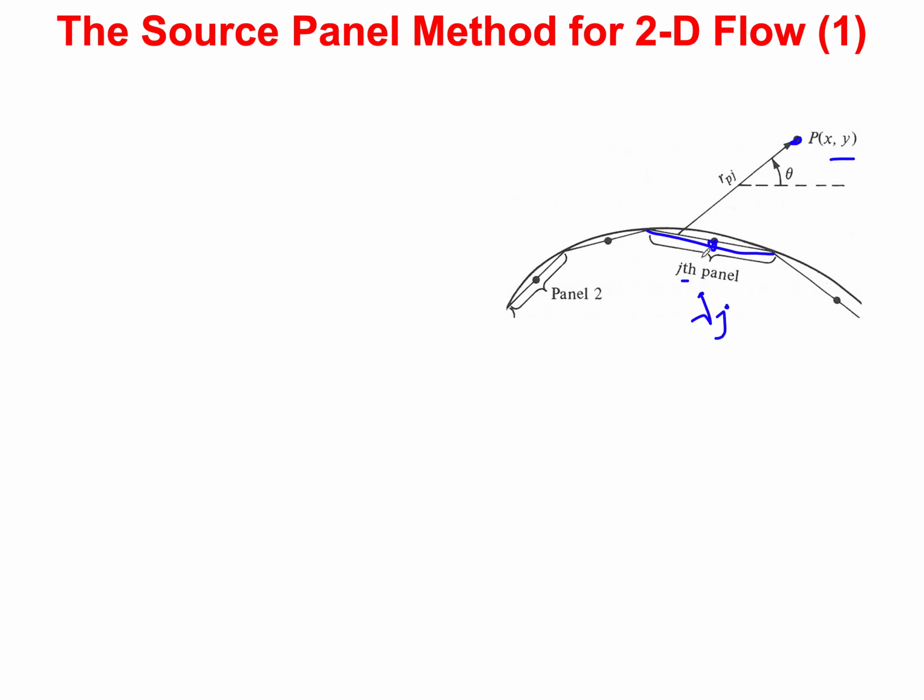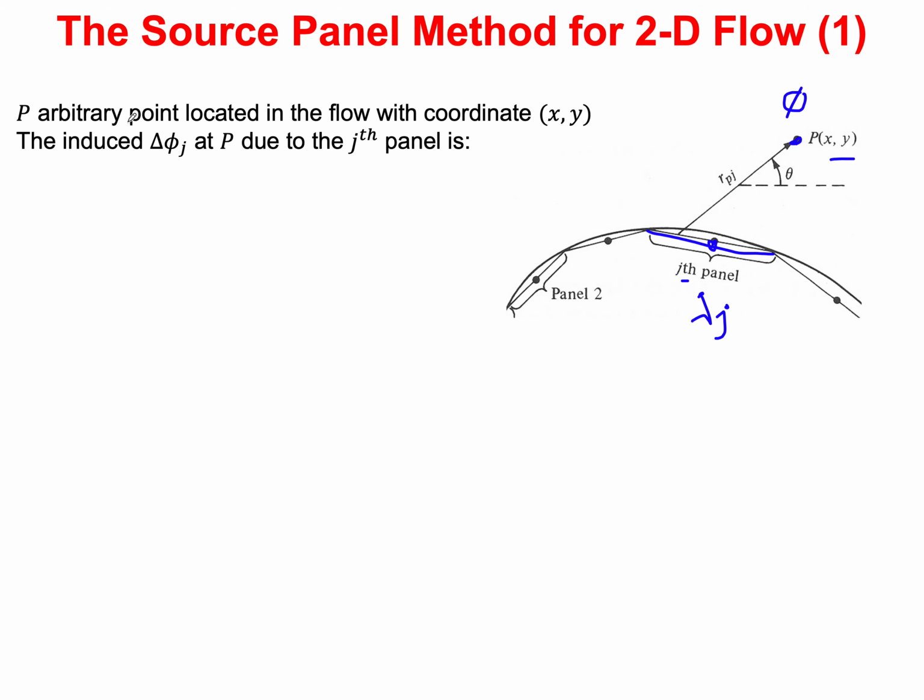It contributes velocity, a stream function, and a velocity potential function at this particular point. But each one of the other panels will do the same thing. Let's focus on the jth panel. If P is an arbitrary point, it has coordinates x and y. So we have to define the origin of our coordinate system. It has to be well defined.